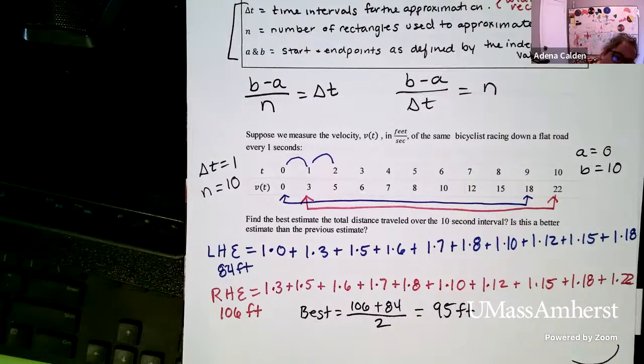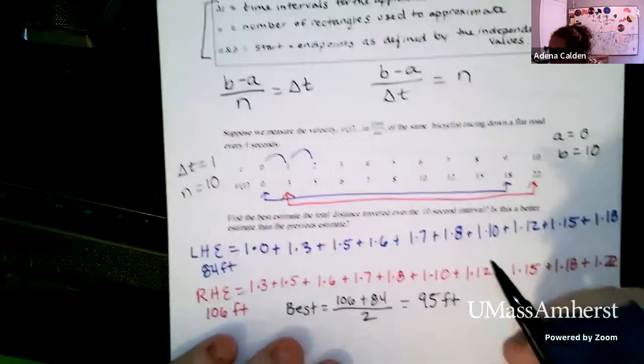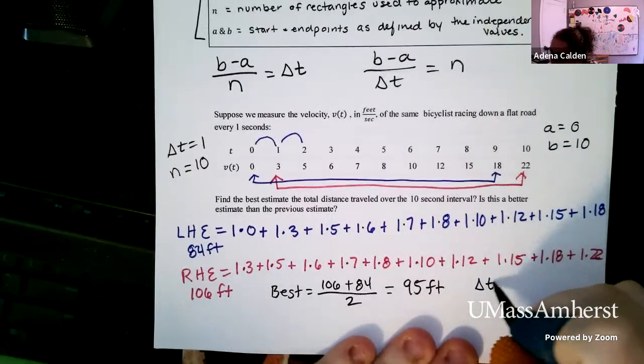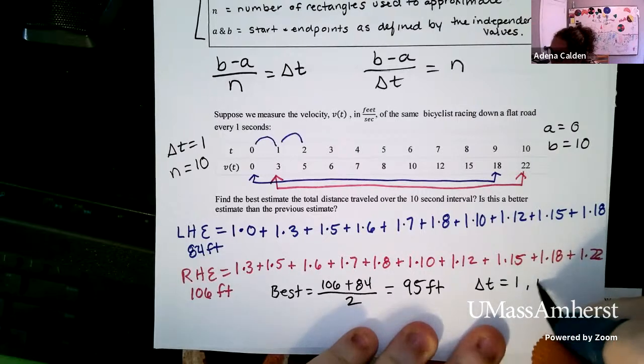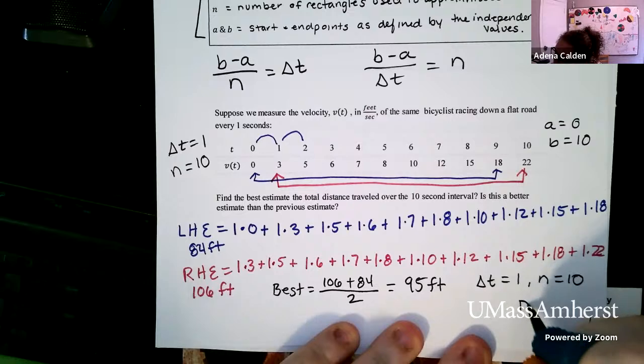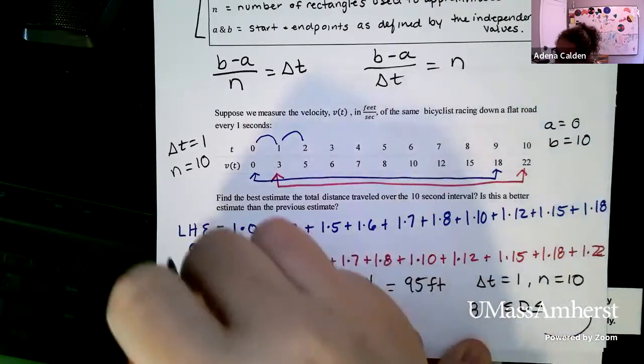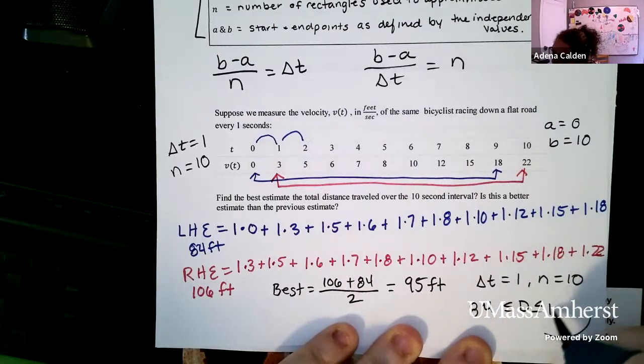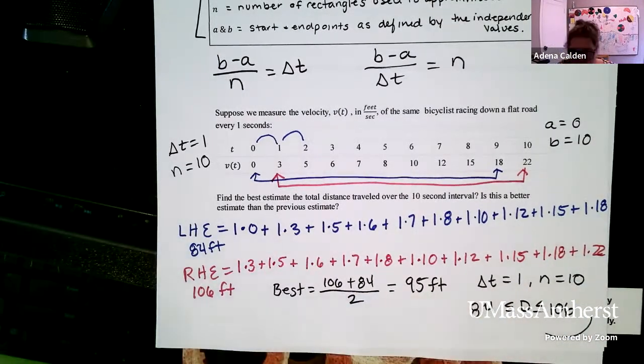So how do we know which one is better? If delta t equals 1 and n equals 10, which is what we were working with here, we know that our actual distance traveled has to be between 84 and 106 feet.